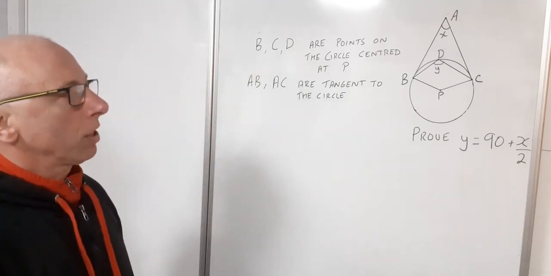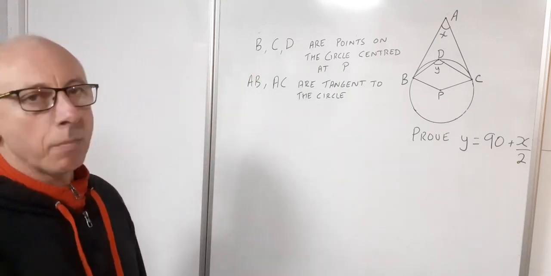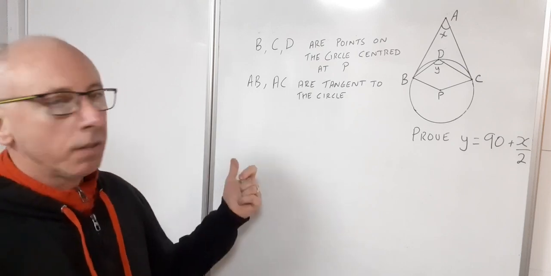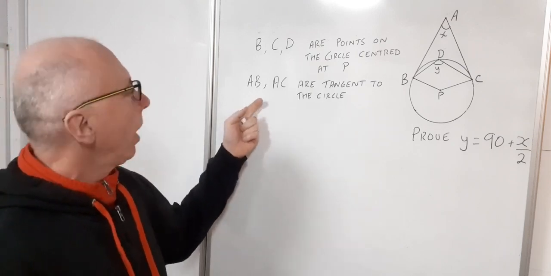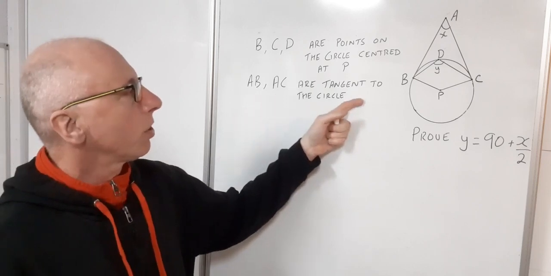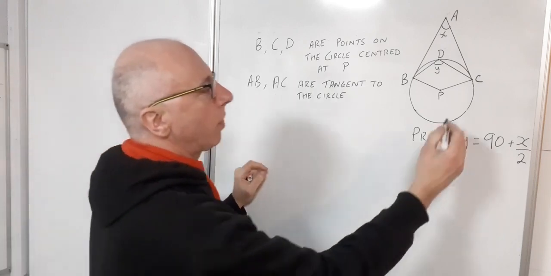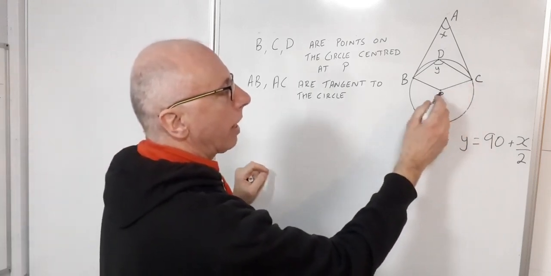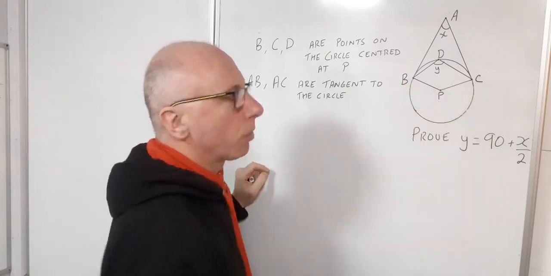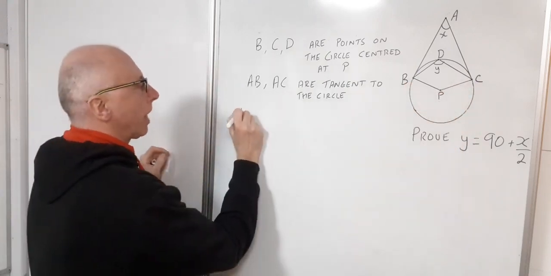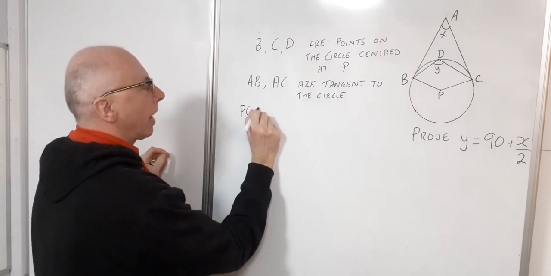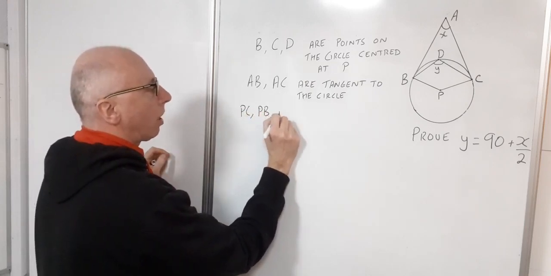So with that information, where are we going to go from there? Well, we can start using the information that we've been given. We've got AB and AC are tangent to the circle. So therefore, PC and PB, they are both radii. So let's write that down here. PC and PB are radii.